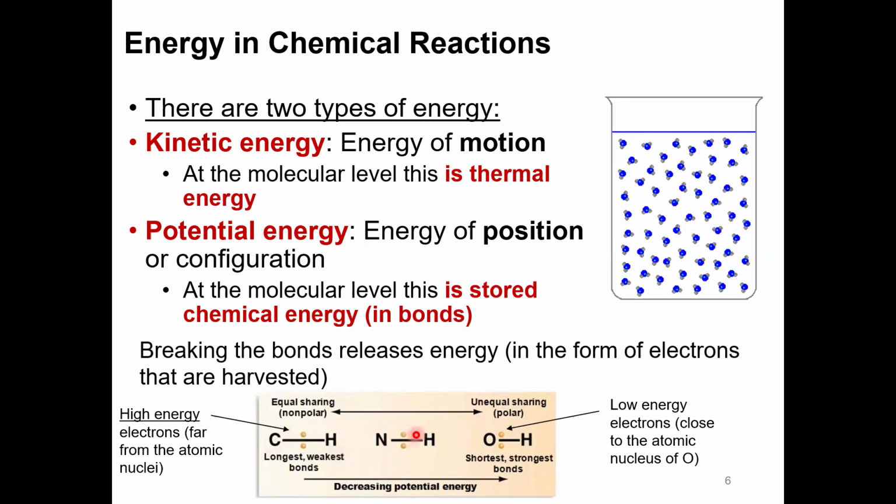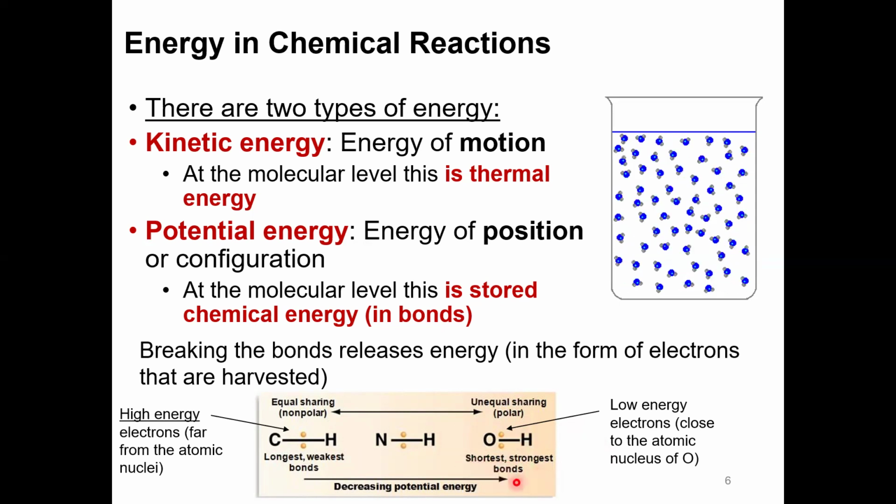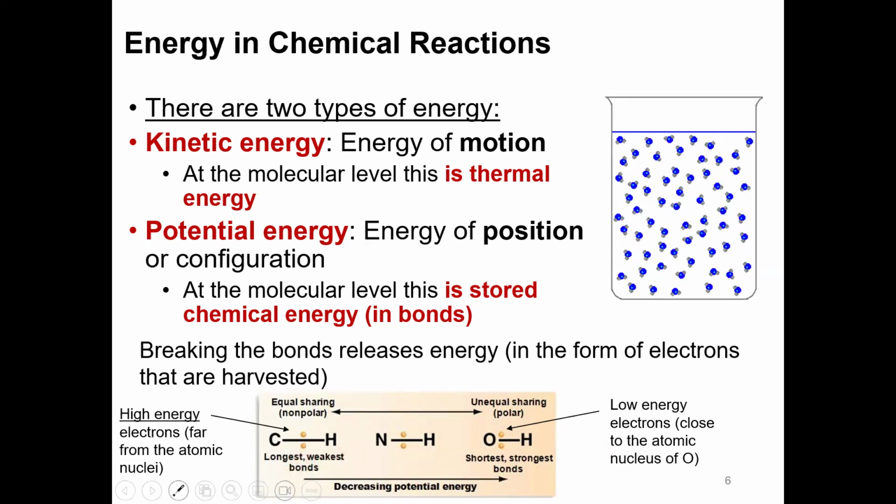Whereas when it goes to unequal sharing, like polar molecules, they have low energy when the electrons are closer to the more electronegative atoms. So it's short, strong bonds here, whereas there are long, weaker bonds with the other ones. So it decreases in potential energy as it goes from equal sharing to unequal sharing.